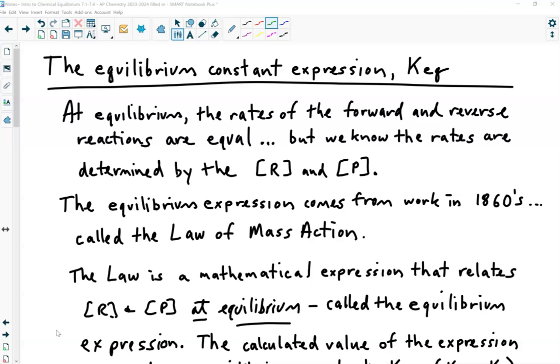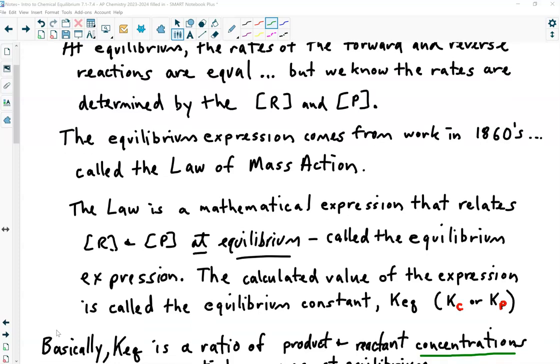And it comes from the work of, again, Guldberg and Waage in the 1860s, and they called it the law of mass action. That's all you really need. I think it's okay to just know that's what it's called. I don't know if you have to memorize that, but essentially, what is the law? The law of mass action is a mathematical expression that relates concentrations at equilibrium, and they called it the equilibrium expression.